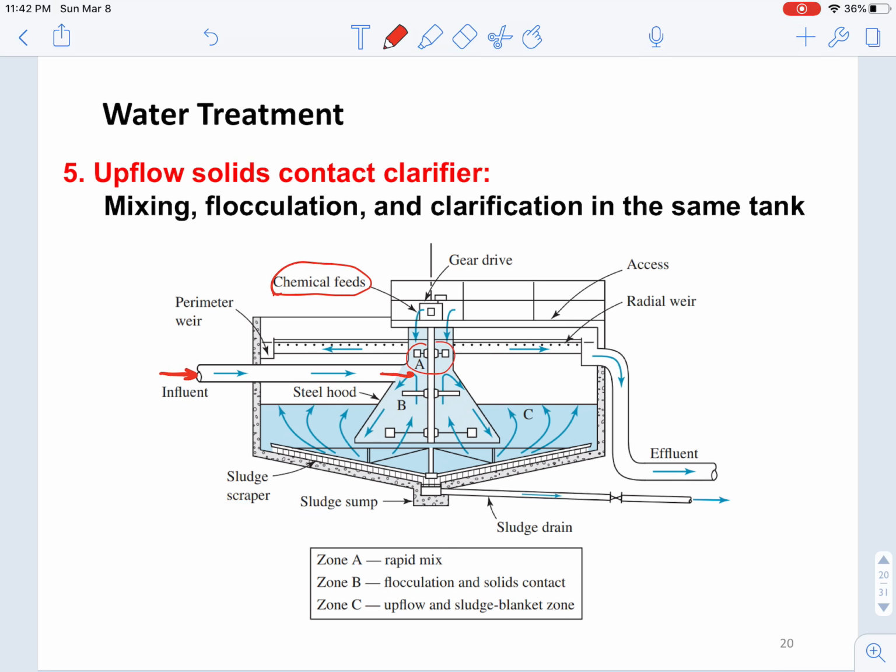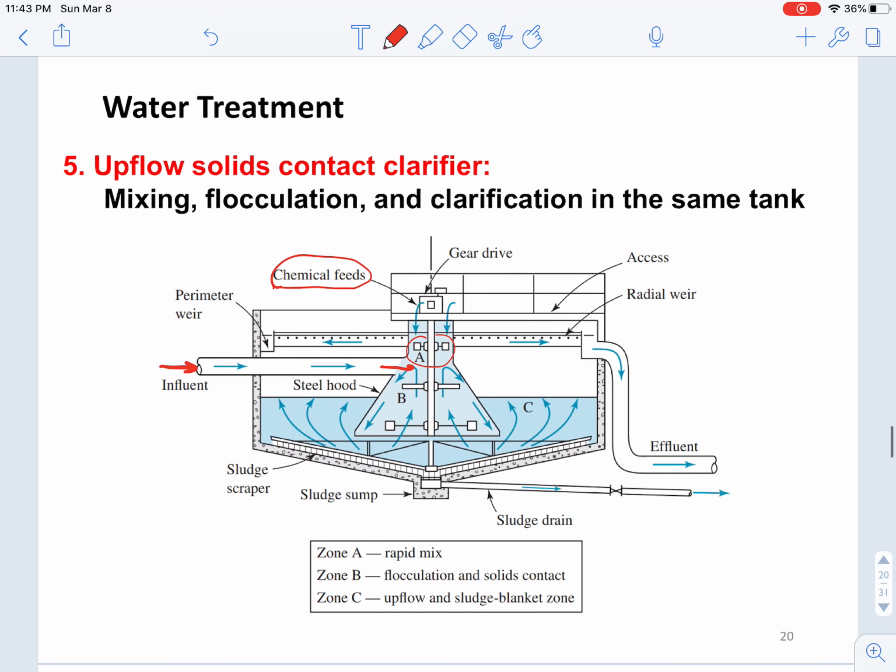By using these smaller baffles, we're creating a larger mixing rate, basically a larger velocity gradient, right? For these smaller paddles, they also don't need a very large power to rotate at a larger velocity. So this will guarantee the rapid mixing of the polluted water, or the water source, with these coagulants.